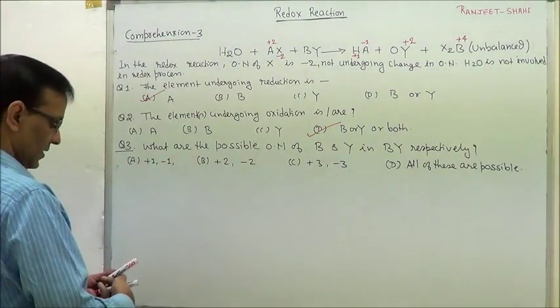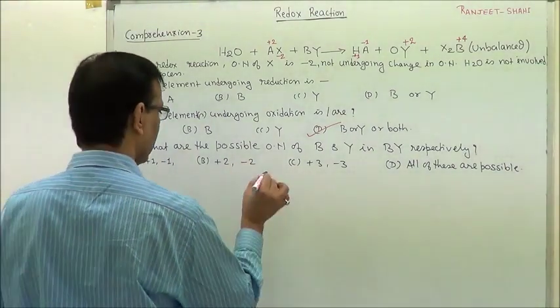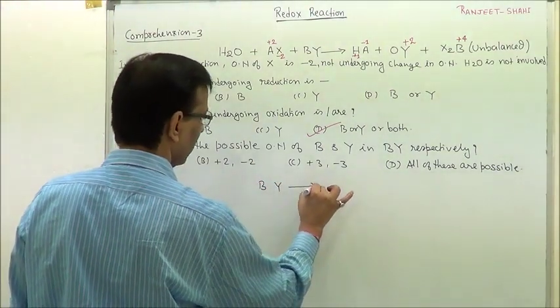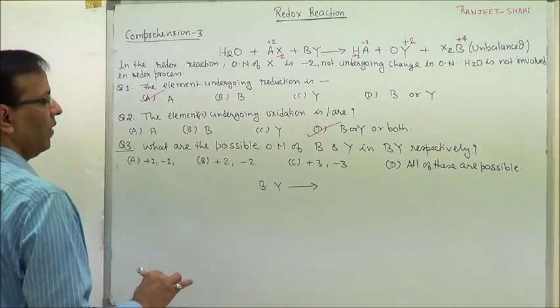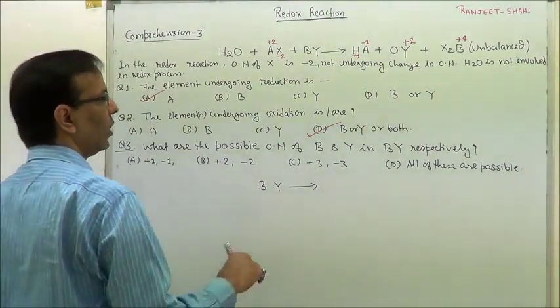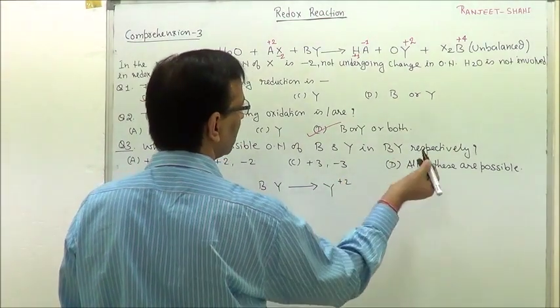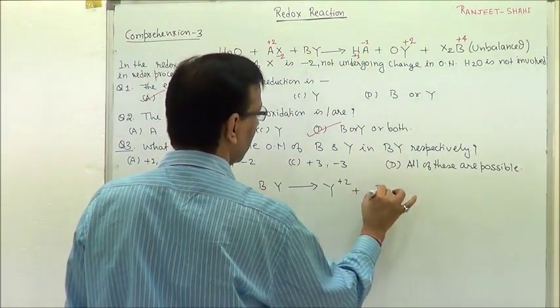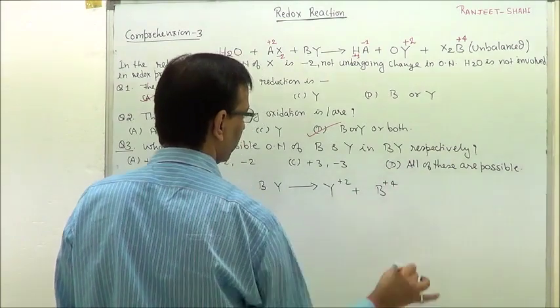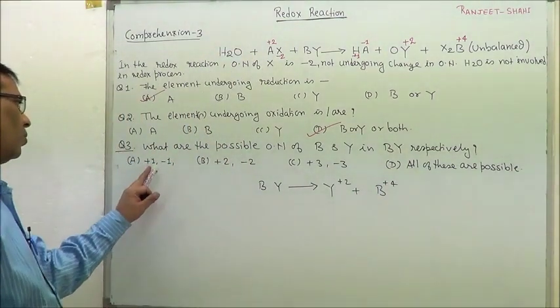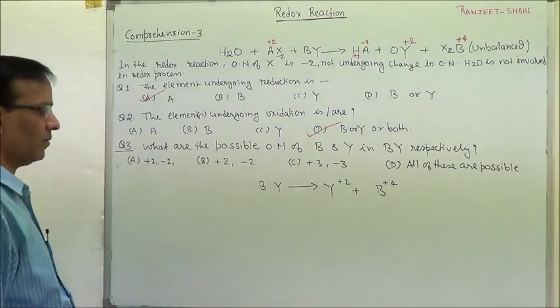B and Y. Once again, let us write the information related to BY. On right side, the oxidation number of Y is fixed, it is +2. Oxidation number of B is also fixed, it is +4. Is it possible to assign +1, -1? It is possible.